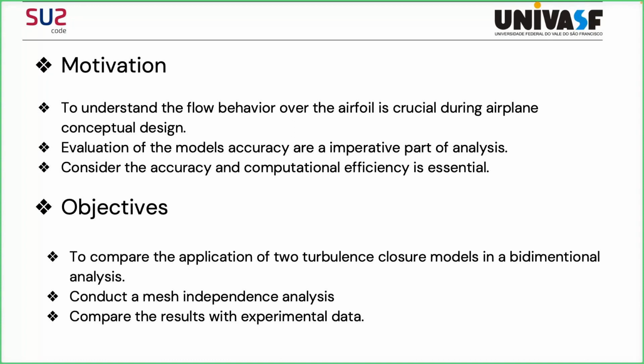The main objective of this work is to compare the influence of two turbulence closure models on flow behavior and its aerodynamic coefficients relative to experimental data. Additionally, a mesh independence study was conducted to minimize the computational cost.